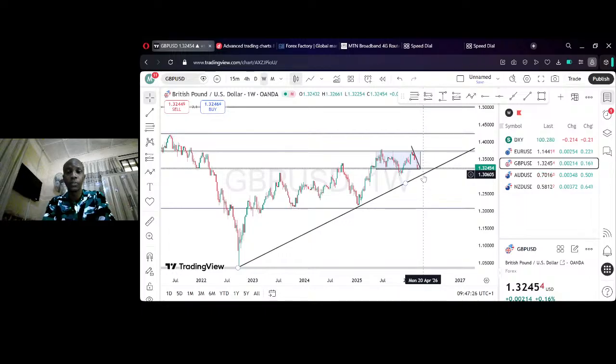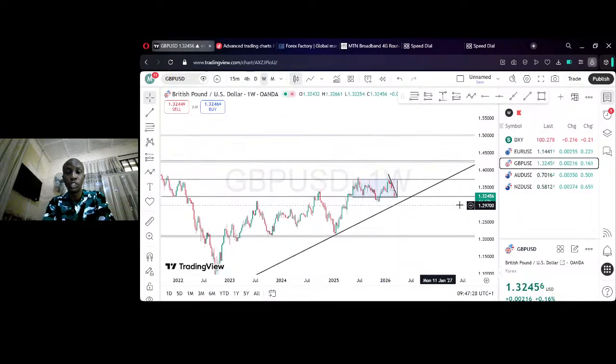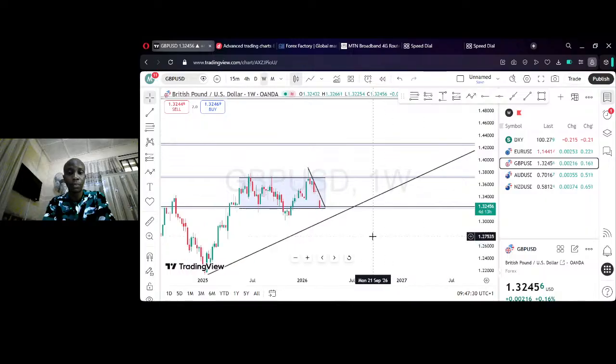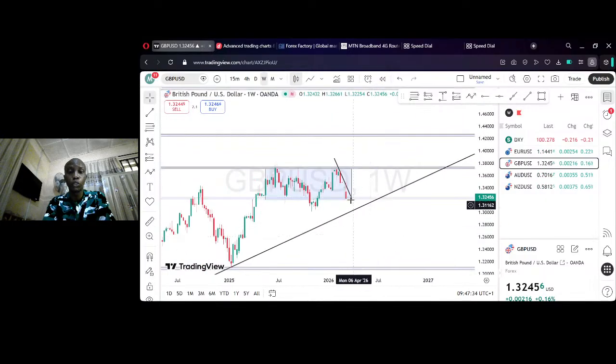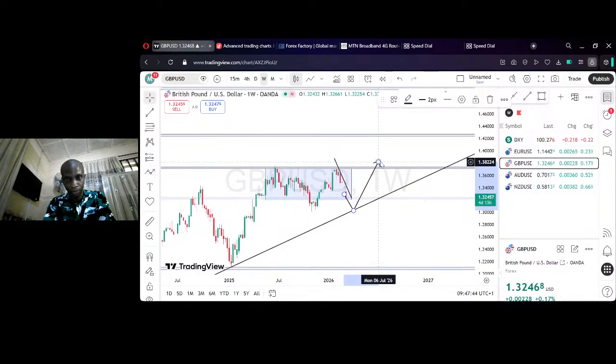And if price can break below this trend line for the third attempt, we are coming down. But if it should hold, like so, around 1.30270, we are coming back up.